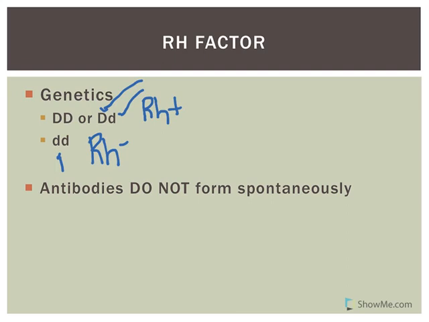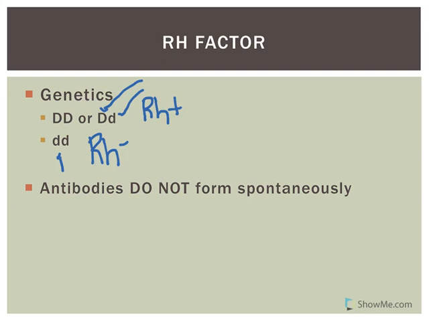Now, the Rh factor is a little different from the ABO blood group in that antibodies do not form spontaneously after birth. I am personally Rh negative, and I do not have antibodies against the D antigen, but I can if you transfuse me with blood that has the D antigen on it. I will start to develop antibodies against it.